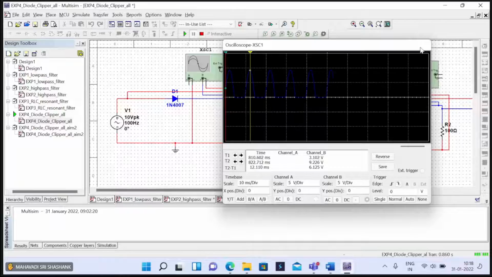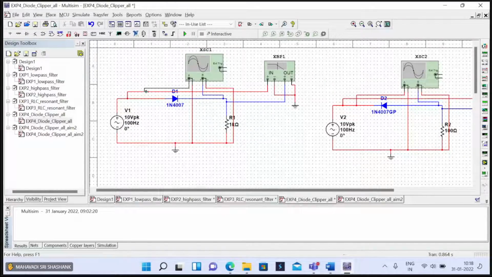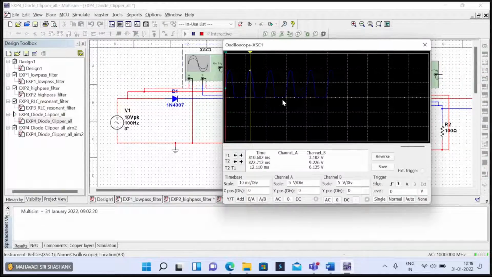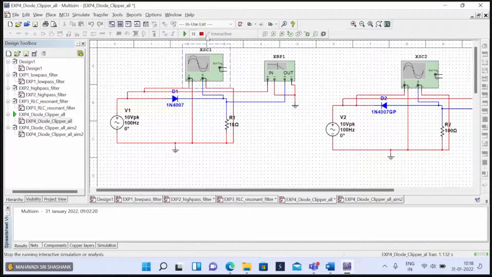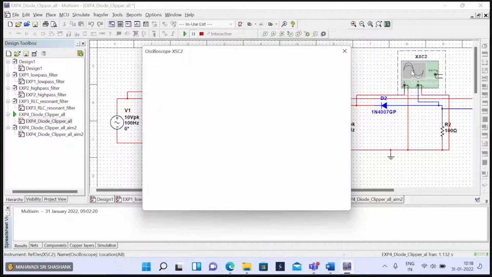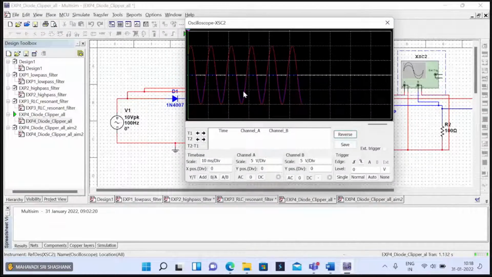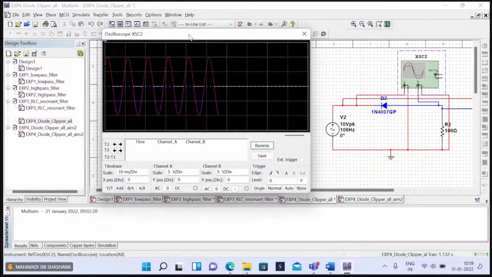Ma'am, I just forgot to show you the transfer characteristics. The transfer characteristics can be seen here. And this is for negative. Should I remove the input signal or just keep it, ma'am?